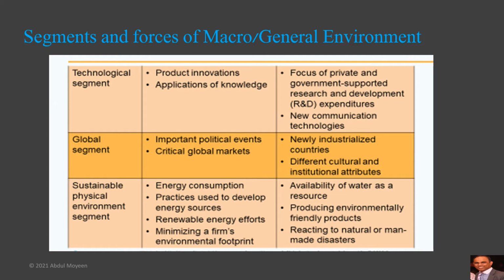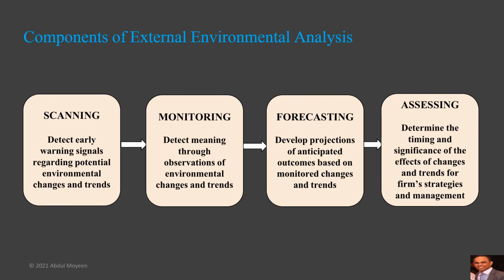So those are the issues that will be analyzed while we do the external environmental analysis, the general environmental analysis or macro environmental analysis. These are the 4 parts of external environmental analysis. These 4 parts are vital to the firm's efforts to recognize and evaluate opportunities and threats that are present in an environment.